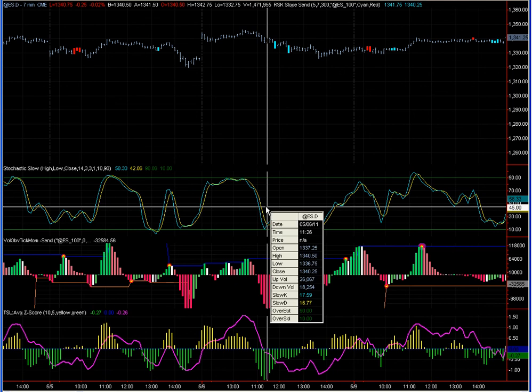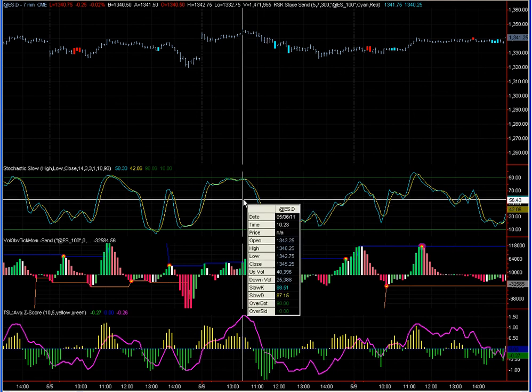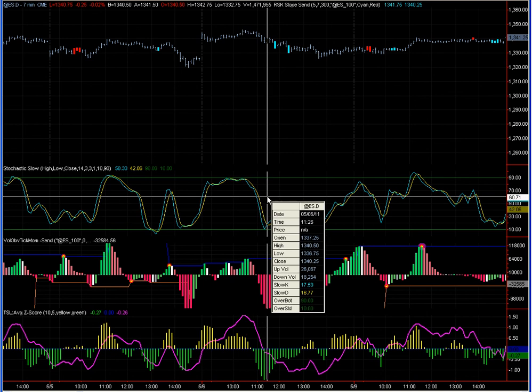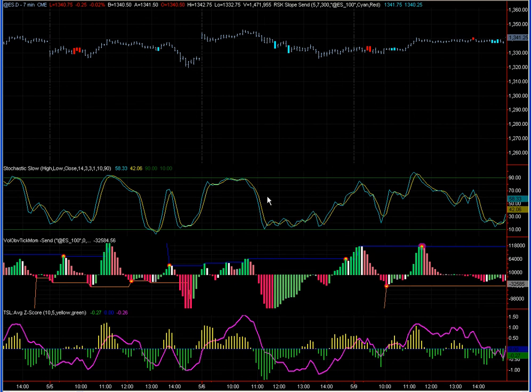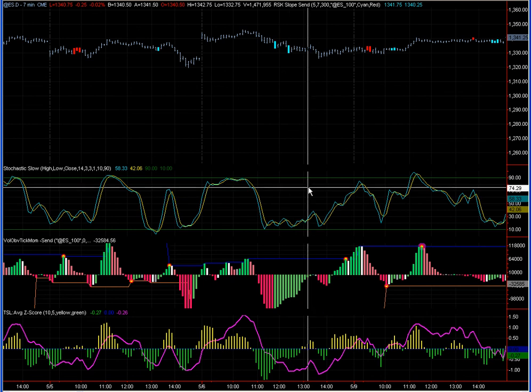So best case, 1346, gets out at 1337. A 9-point move. And now he just looks for opportunities to go long on the new lows, and every time he does, a few minutes later, it drops into another new low.